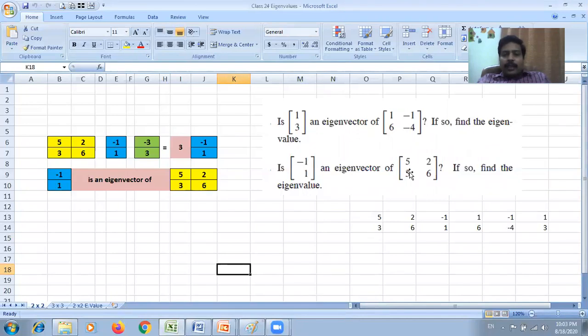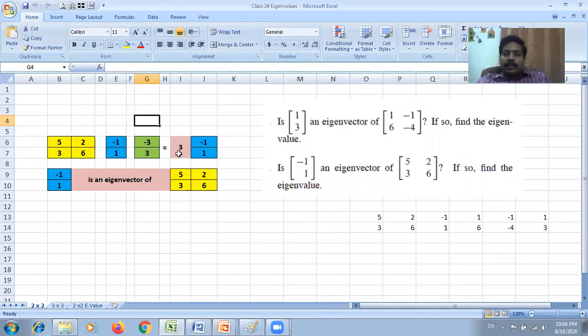The given matrix is 5, 3, 2, 6, and -1 and 1 is the given vector. We just need to multiply these two. This is a simple program multiplying these two. Here you can see that after multiplying A and let it be U, AU is equal to, this is our resultant vector, which is 3 times the given vector.